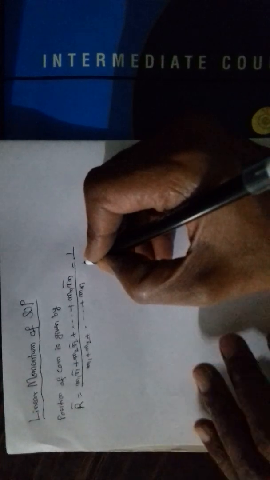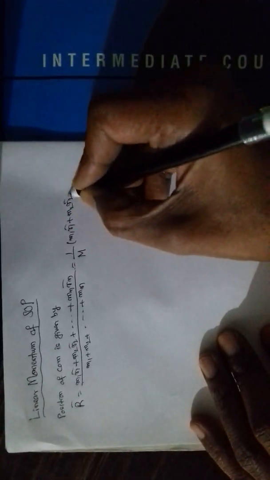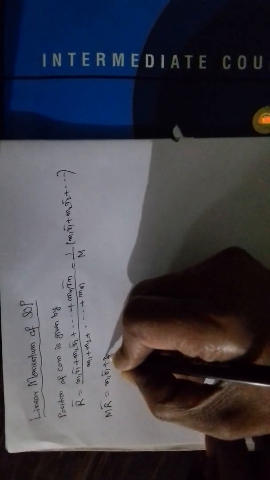Position of center of mass is given by the sum of m n r n, or sum of masses of all particles, capital M, taking M to the left side, differentiating with respect to time.